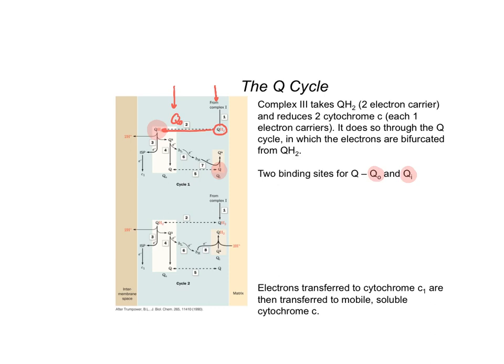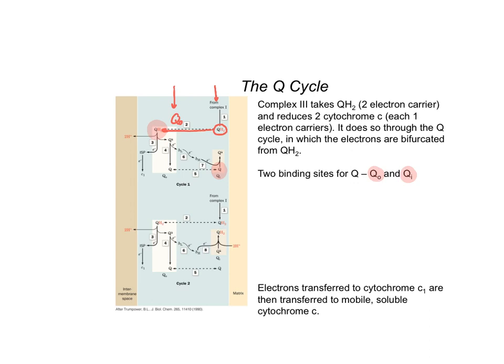We're then going to get something called an electron bifurcation. We have two electrons that are present on ubiquinol. One of those electrons is going to go one path, and the other electron is going to go a completely different path. And that's why we have two separate redox paths within complex 3.